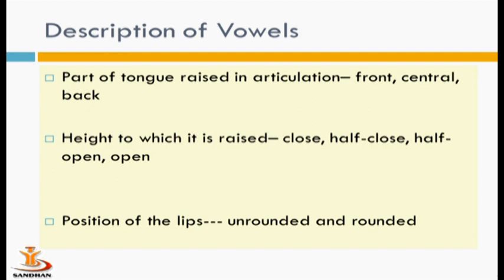And if you can, attempt to articulate the vowel sounds in Indian languages to begin with, if you wish, and say a, e, u, you will realize that different parts of the tongue are raised. The second description that we need for a vowel is how much it is raised. So if you have a sound like a, and if you compare it with a sound like I, you will know what I'm talking about.